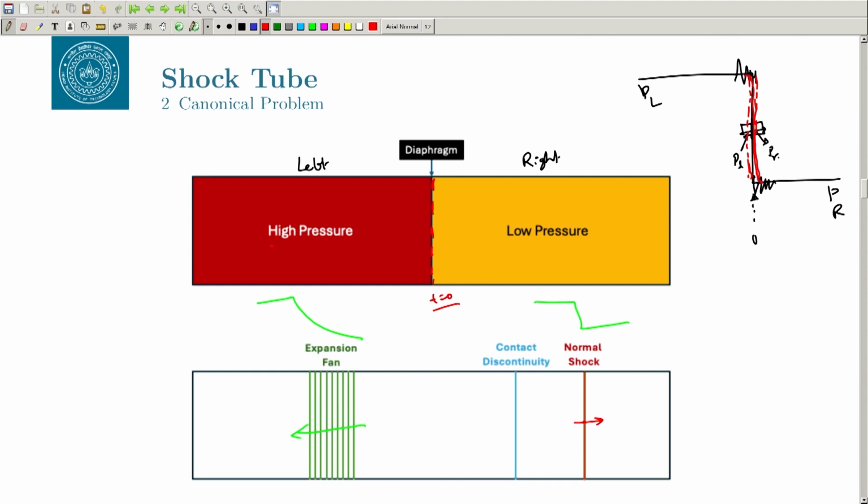Now, the catch is, if you smear it out too much, which we will see in the Lax Friedrichs scheme, which has very high dissipation, your shock will look like this. That is not what we want. It has completely dissipated the shock, and you are getting something very different. It looks like a continuous shock.